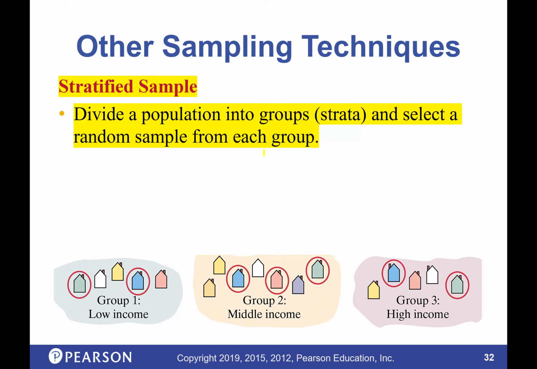Okay, in order to have randomness as much as possible, what we sometimes do is divide things into groups. So at the cafeteria, you'll go with dorm students and non-dorm students. You're going to pick one person from there. That's called stratified sample.